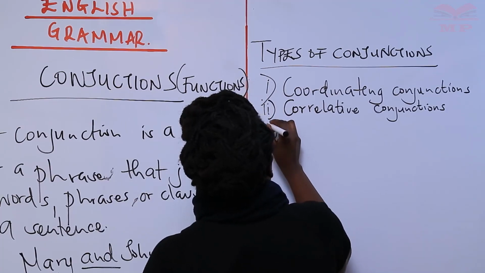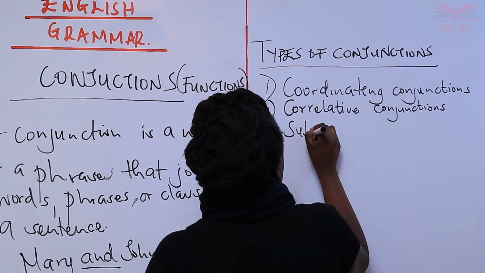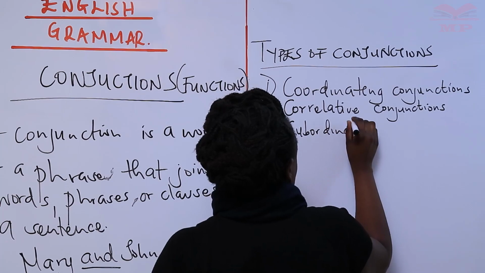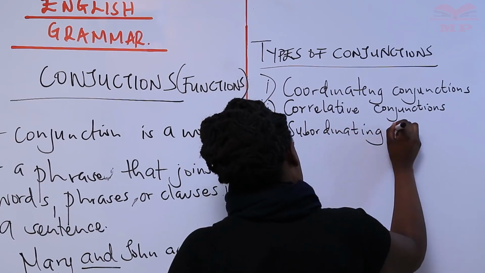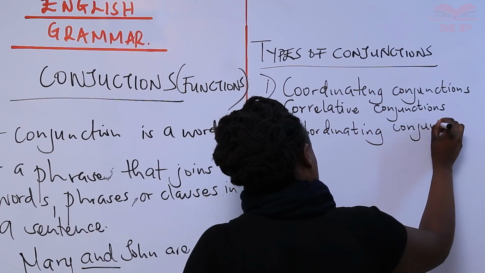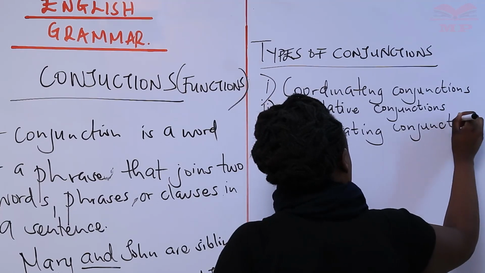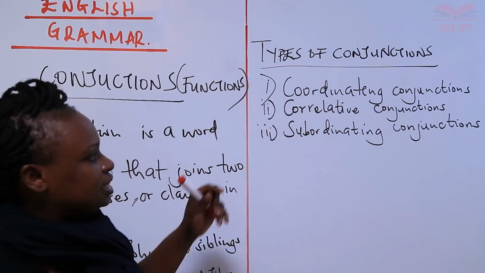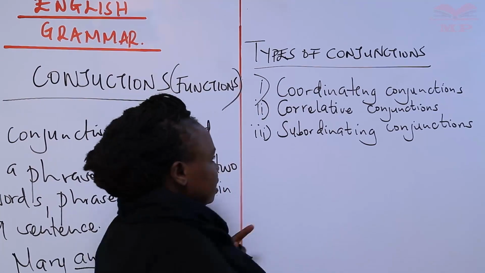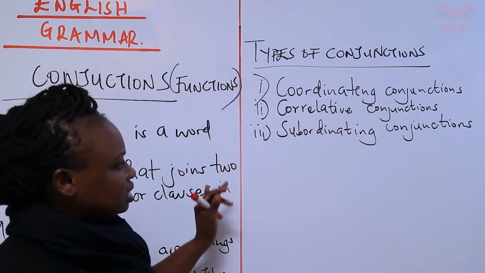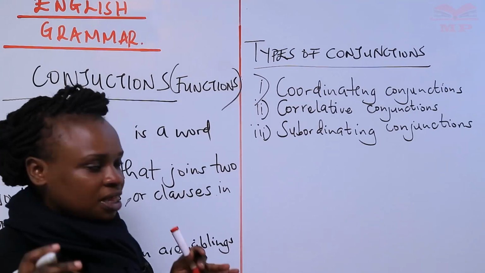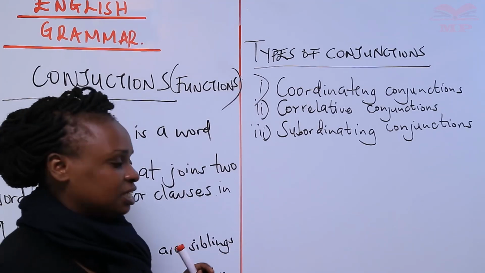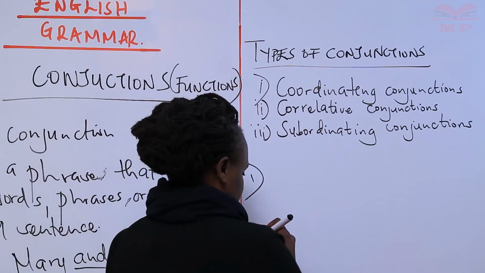Number 3, we have subordinating. Okay, so coordinating conjunctions, correlative conjunctions, subordinating conjunctions. Those are the 3 types of conjunctions in English. So if we start with the first one.